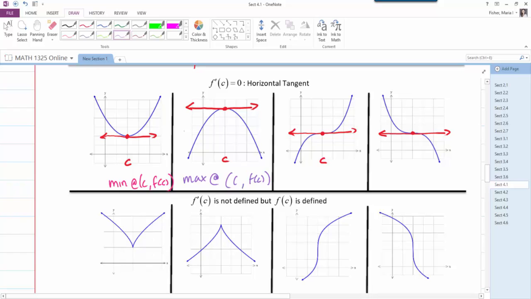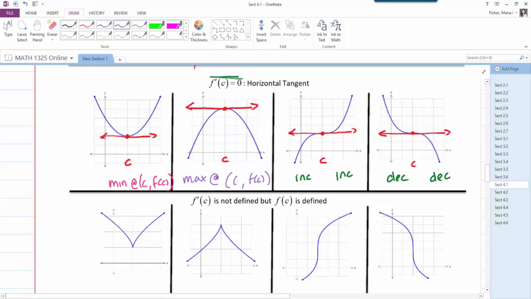You can have a minimum or maximum value at any place where your first derivative is equal to 0, but it doesn't necessarily guarantee that you're going to have one, because notice at these C's, we have horizontal tangents, but for this particular function, I'm increasing, and then I'm increasing some more. Since I'm increasing and increasing some more, I'm not going to have local extrema in this picture. And here I'm decreasing and then decreasing some more, so I'm not going to have a local extrema in this picture.